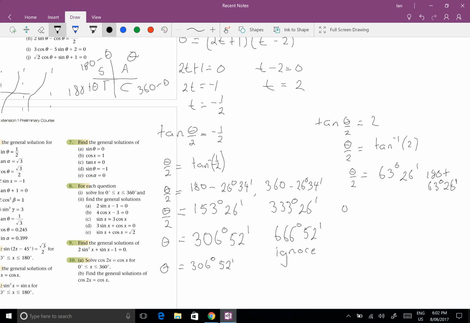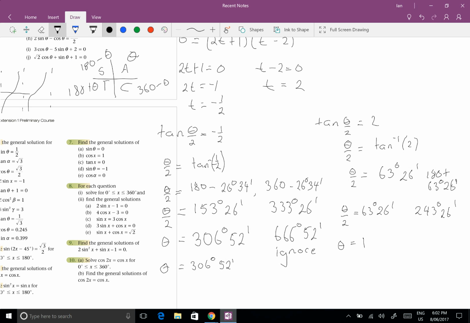So I've got theta on 2 equals 63 degrees and 26 minutes. Plus, and I've got 243 degrees and 26 minutes. Now, I have to find theta, so I'm multiplying by 2. So 63 degrees and 26 minutes times 2.